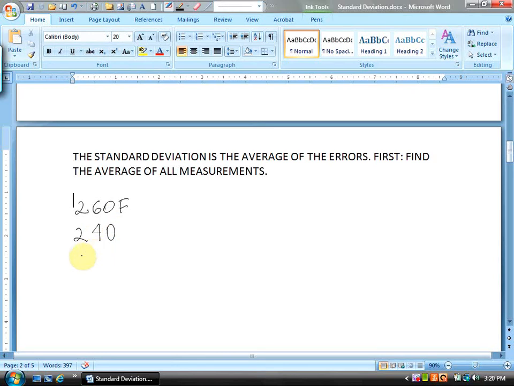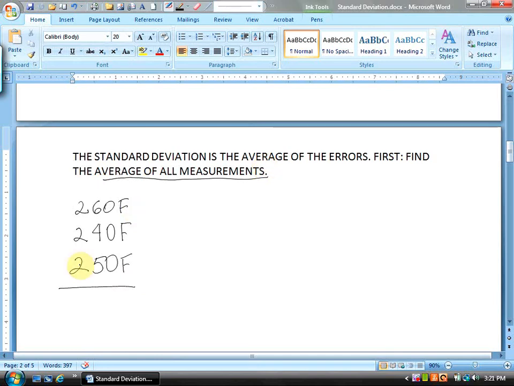And the third hose melted at 250 Fahrenheit. So here are the numbers we have, the measurements in Fahrenheit, and they are the melting points of these hoses. We need to find the average of all measurements before we can find the standard deviation.